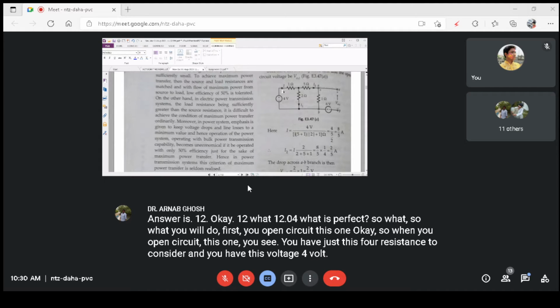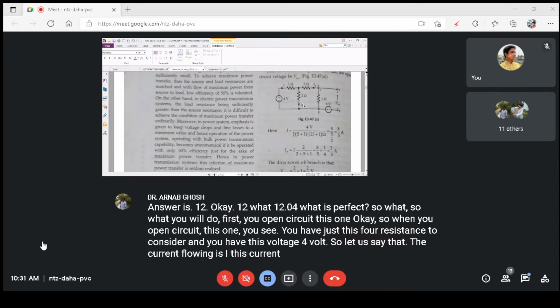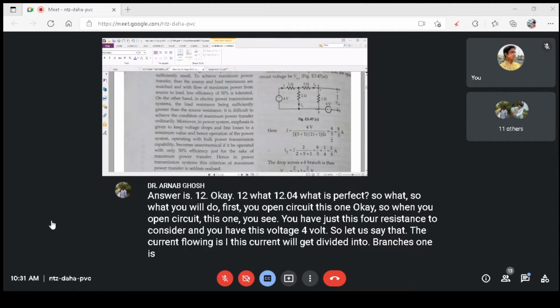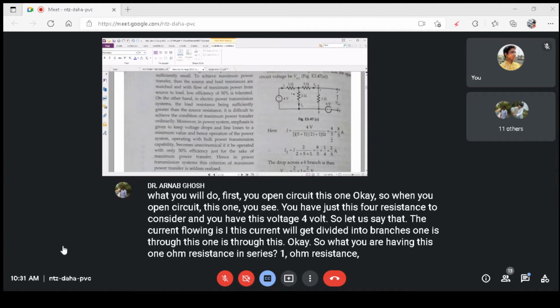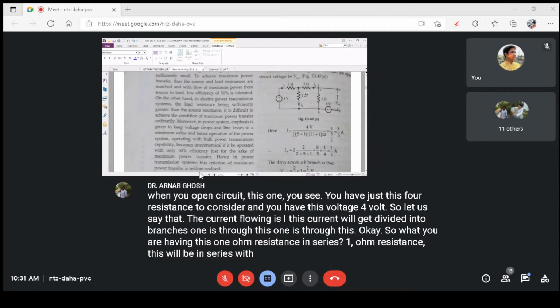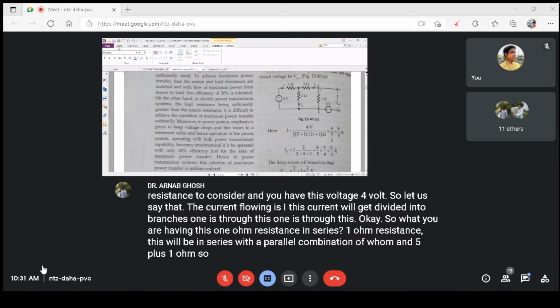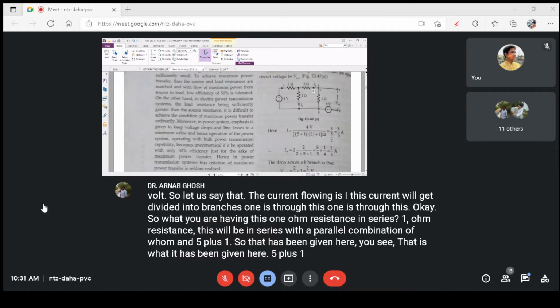Let us say that is I. This current will get divided into two branches, one through this, one through this. This 1 ohm resistance will be in series with a parallel combination of 2 ohm and 5 plus 1 ohm, as given here: 5 plus 1 parallel to 2 plus 1.